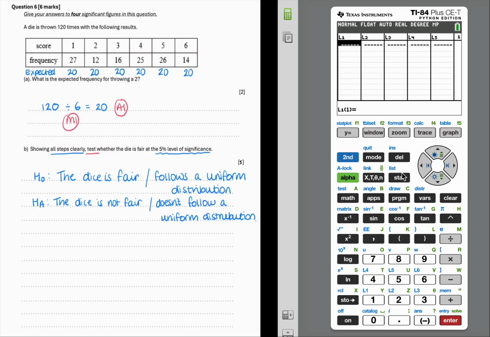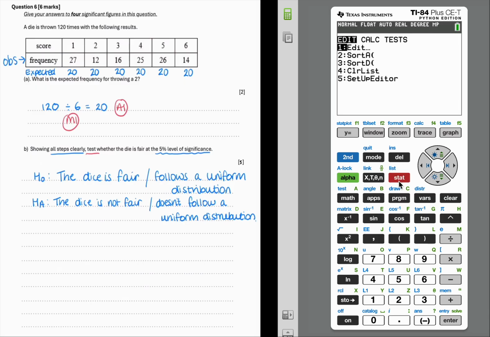The observed are this row here, which are the frequencies that we observed in our experiment. So we have 27, 12, 16, 25, 26, and 14. And then the expected is 20 for each of these numbers. So we're comparing and saying, are they different enough, or is it what we would expect to see?